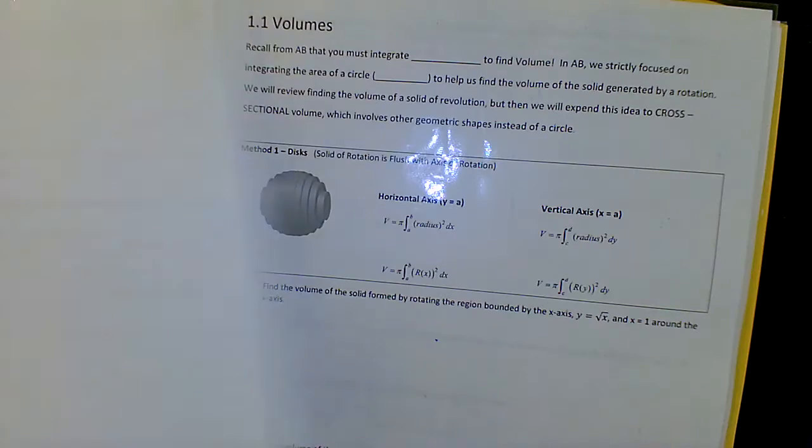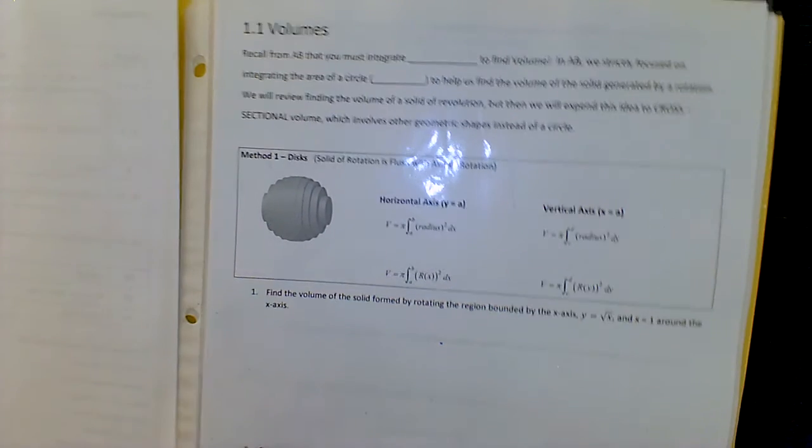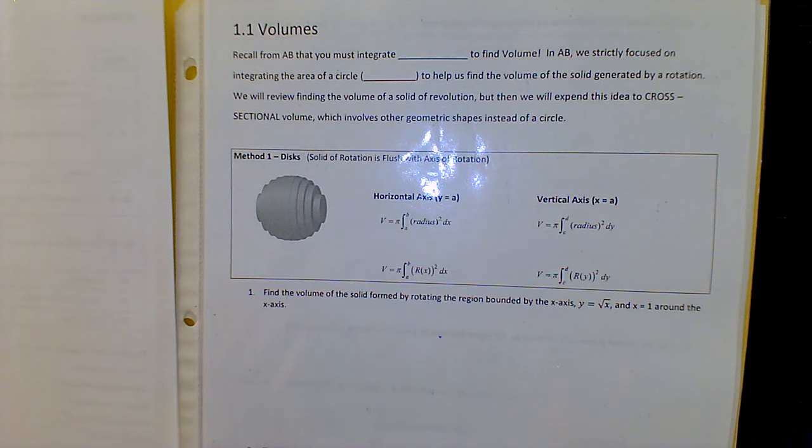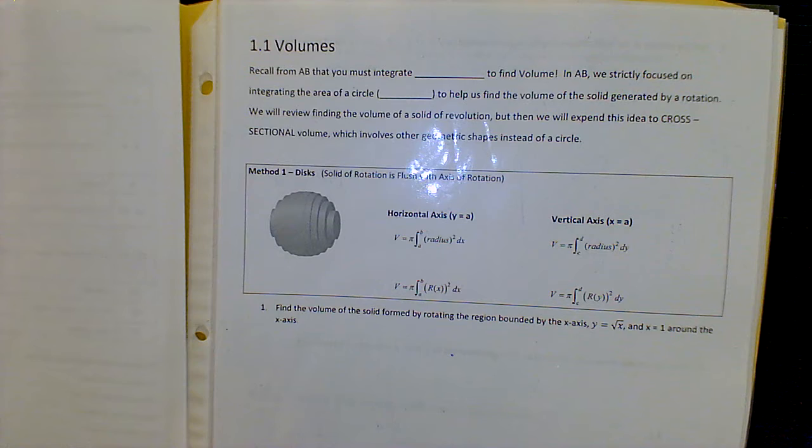All right. Our first section, we're going to pick up in this class where we left off last year. If you remember, the very last topic we were talking about last year was volumes, doing those rotations. We're going to pick up with that, and that's going to transition us into our first topic in BC.